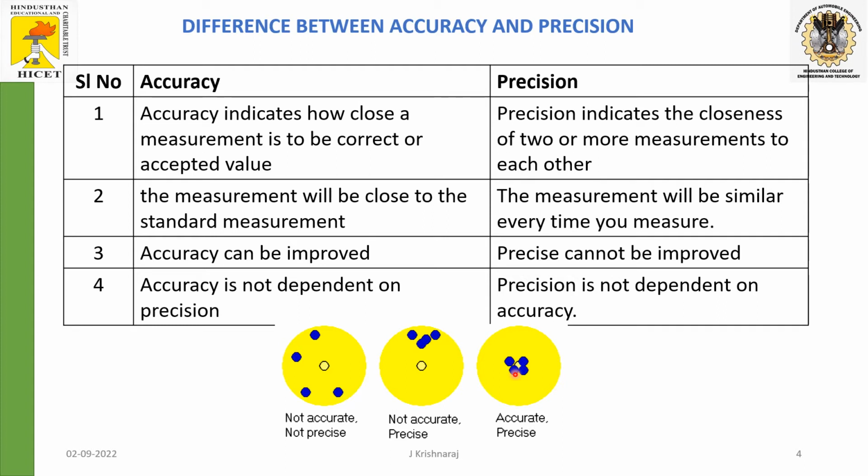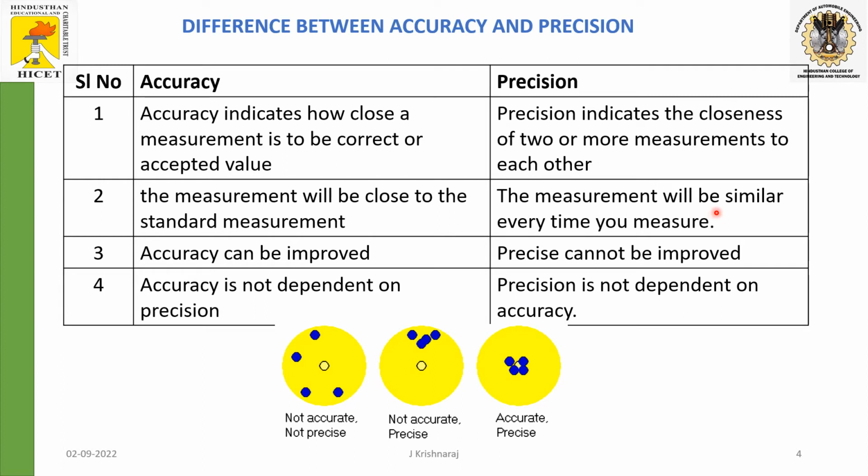With accuracy, the measurement will be close to the standard measurement, but with precision the measurement will be similar every time that you measure. Accuracy can be improved, but precision cannot be improved. Accuracy is not dependent on precision, and precision is not dependent on accuracy; both are different.